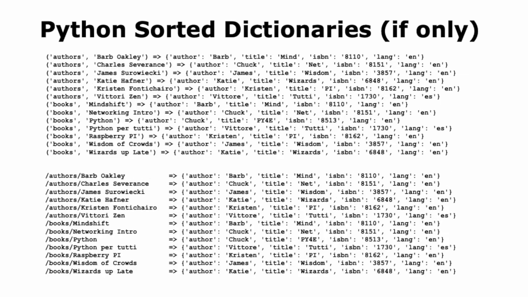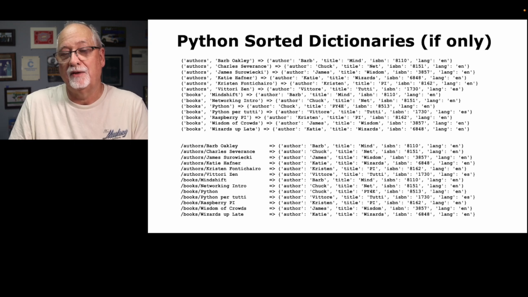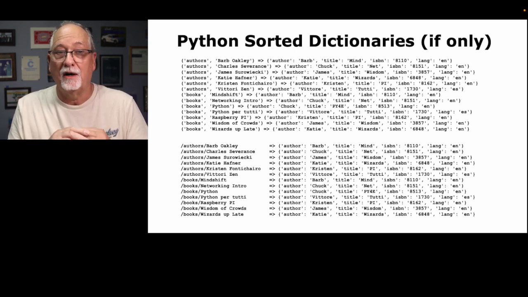Now, it would look like this, right? So sorted order would bring all the authors together. The authors Barb Oakley, authors Charles Severance, authors James. You notice that those are all sorted. That would be cool if Python would maintain that. Now, the interesting thing is that there are libraries in other languages like Java tree maps that do this kind of thing for you automatically, that use trees internally.